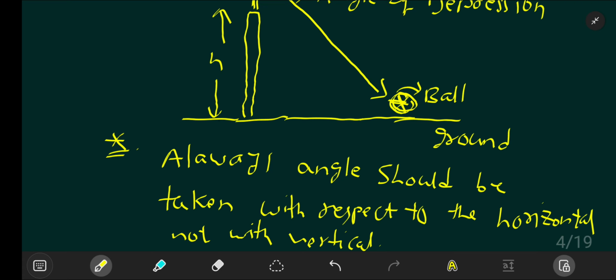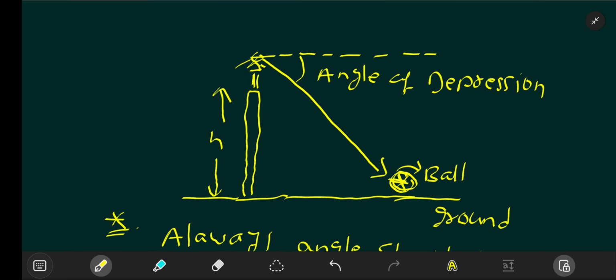Always the angle should be taken with respect to the horizontal, not with the vertical. That means the angle of depression or angle of elevation has to be taken with the horizontal line.